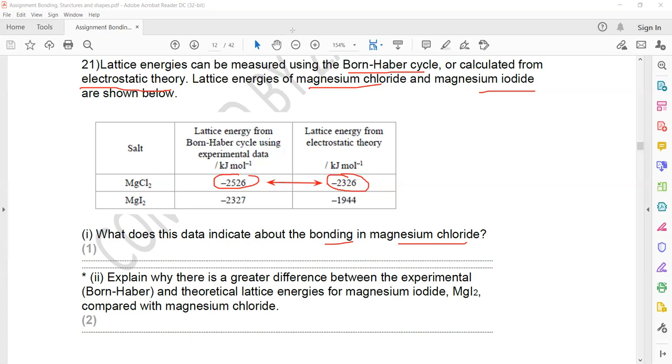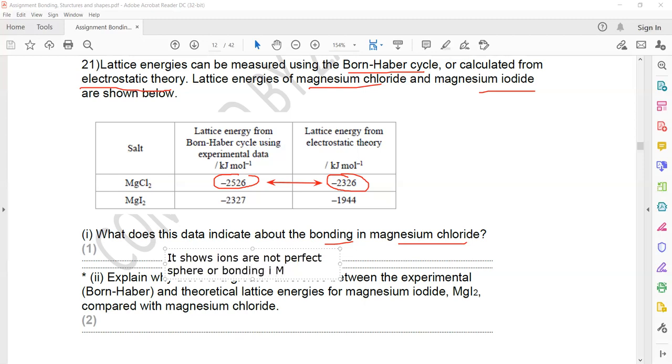So what it indicates, the difference between the theoretical and the Born-Haber experimental value, shows that ions are not perfect spheres, or we can also say that bonding is not 100%.